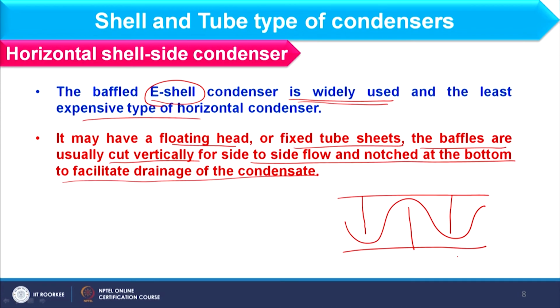It will occupy the space, but it will not come down. So, in that case, instead of a horizontal cut, we usually consider a vertical cut, so that vapor can move like this, not like this, as I have just shown. So, usually a vertical cut is placed in the baffle and it looks like this.